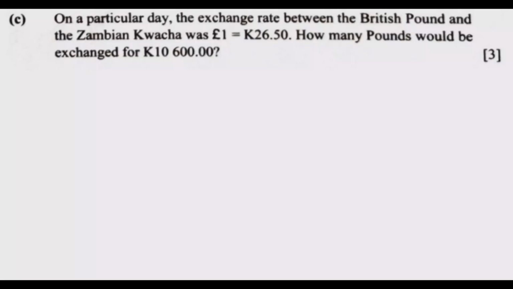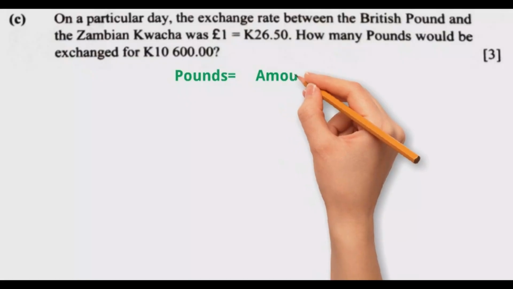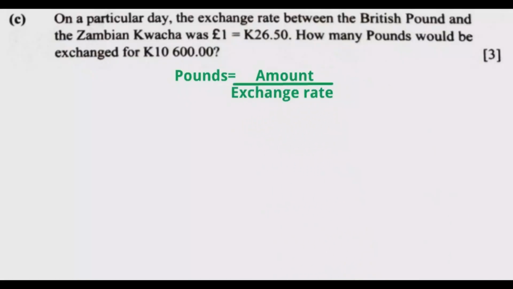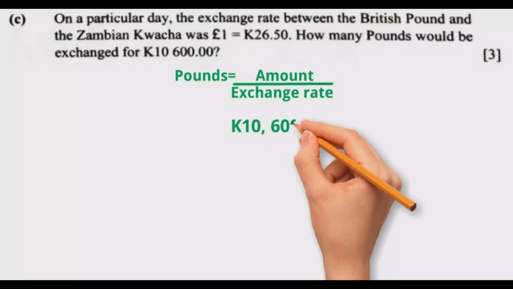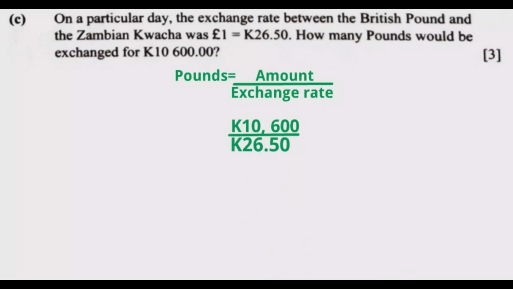How many pounds would be exchanged for 10,600? Okay, so the formula we're going to use is pounds is equal to the amount divided by exchange rate. Where there is amount, we're going to put 10,600 kwacha divided by 26 kwacha 50 ngwe.